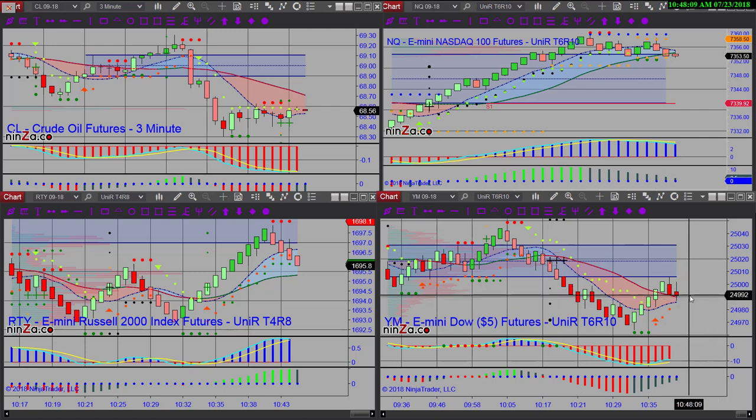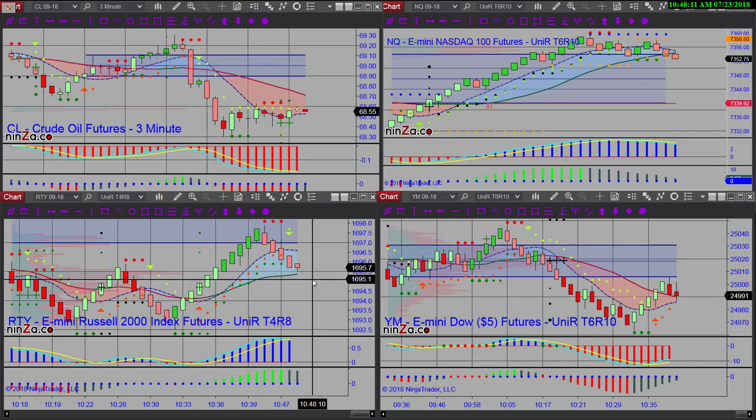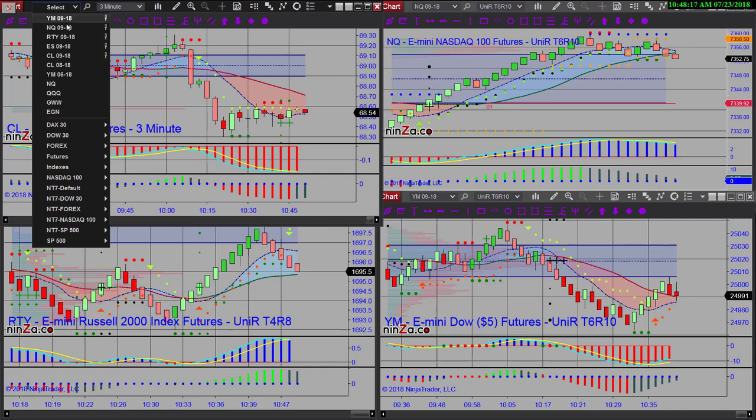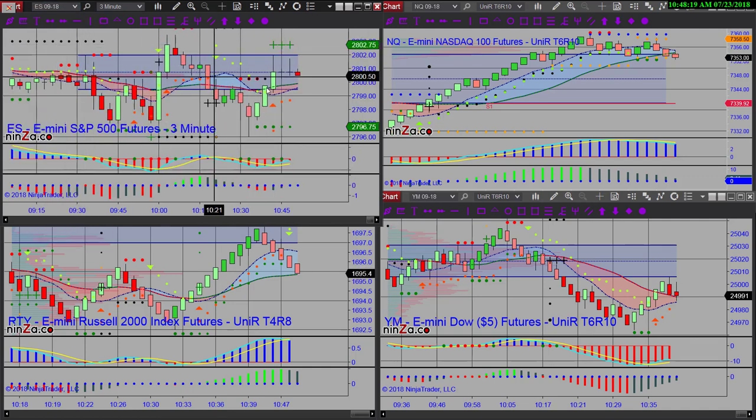Starting to pull back a little bit in Russell and the Dow. Next level of support on the Russell is around 50.